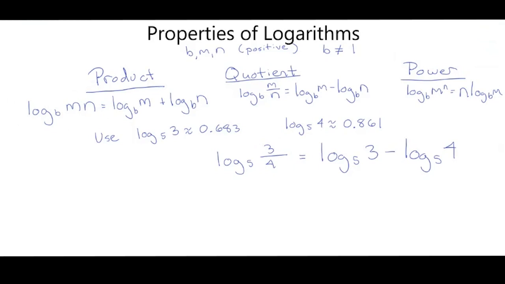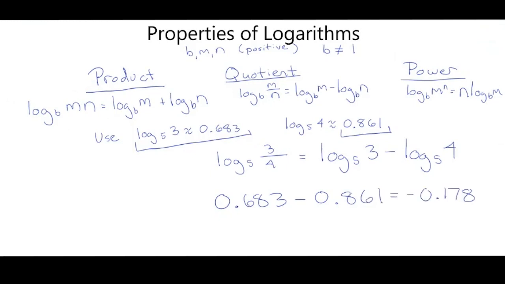Well, I see here that log base 5 of 3 is 0.683, and log base 5 of 4 is 0.861. So I will do 0.683 minus 0.861, which is negative 0.178. And that is the approximate value of this expression.